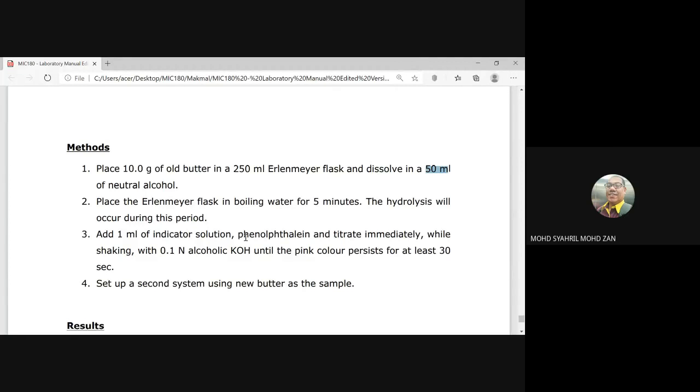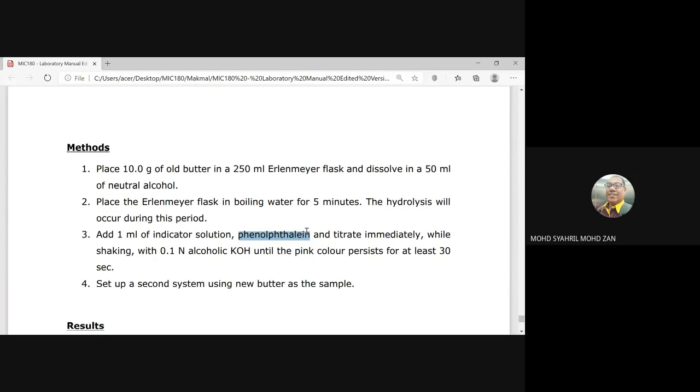It is our phenolphthalein. Okay. So the difference between acid value and saponification value is the changes when you put phenolphthalein inside the samples. Apa yang berlaku antara dua ni? Okay, so please bear in mind, our phenolphthalein will change into pink, or we have to change it back into pink.